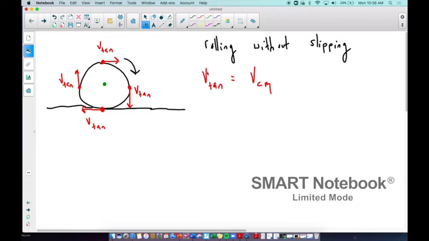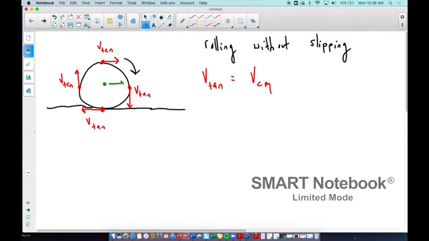Because this thing is rolling along the floor, rolling along this surface, it has two types of motion. It is rotating, but then as it is rotating, the center of mass is also moving from left to right.